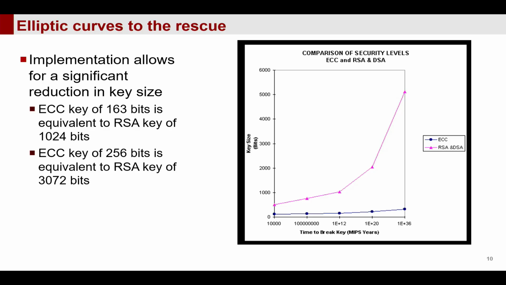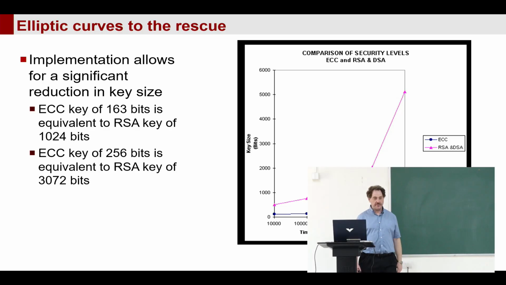An elliptic curve cryptographic key of 163 bits is equivalent, in terms of security guarantees, to RSA keys of 1024 bits. And if we do 256 bits with elliptic curve cryptography, it's equivalent to an RSA key of 3000 plus bits. So it's much shorter, and we are getting the same guarantees in terms of security.